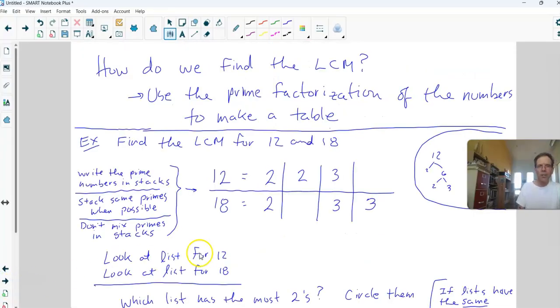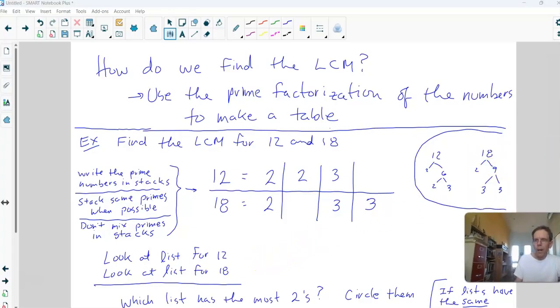There is a process that's nice to use to find it. It involves using the prime factorization that we did in the previous video. And we make a table, and then by looking at that table, we can figure out what the LCM is.